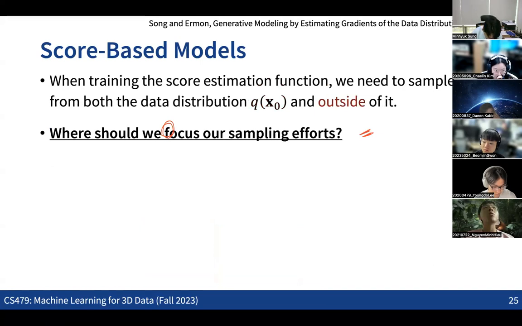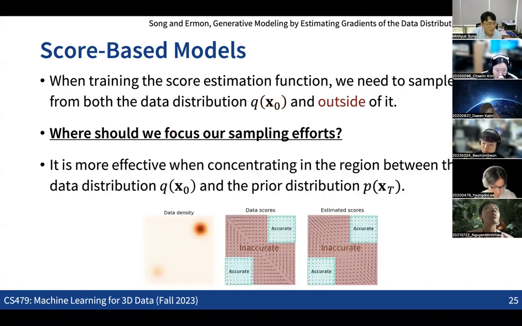So this means that we need some more samples, not only from the data distribution, but somehow in between the data distribution and the prior distribution, in a way that we can get accurate score information over the entire space. That's what we are going to do.